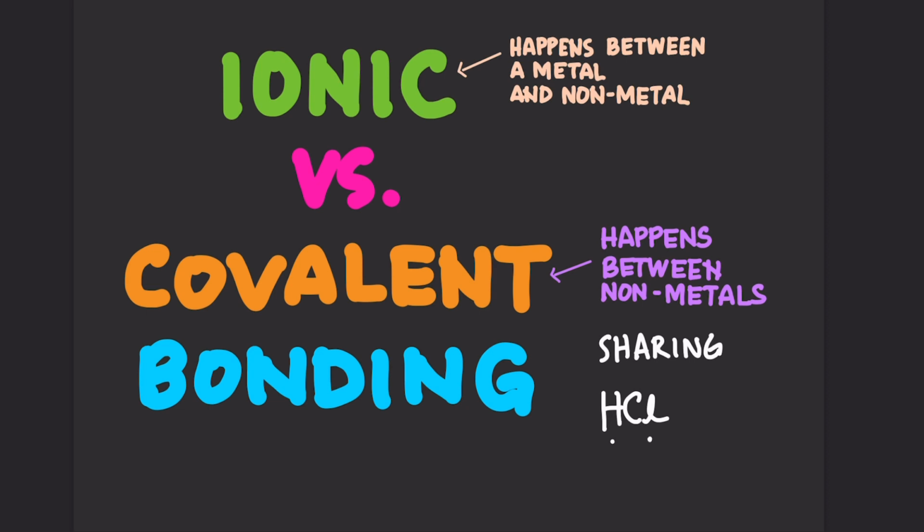So chlorine needs one more to be complete. But if hydrogen gives up its electron, then what will happen to hydrogen? So it cannot happen. So what's happening is they are sharing that electron, so that hydrogen will have 2 in the outer shell and chlorine will have 8. Okay? So that is the difference between ionic and covalent.